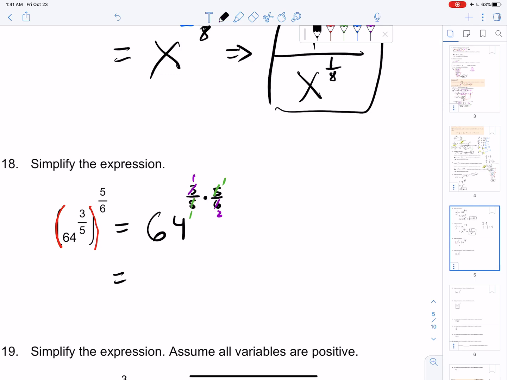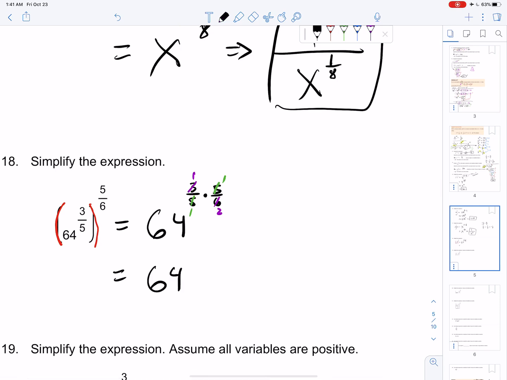And this thing really simplified down pretty nicely. I'm left with 1 times 1 is a 1 in the numerator, and 1 times 2 is a 2 in the denominator. Okay, now we have this rational exponent, nasty thing, that we simplified down to 64 to the 1/2.